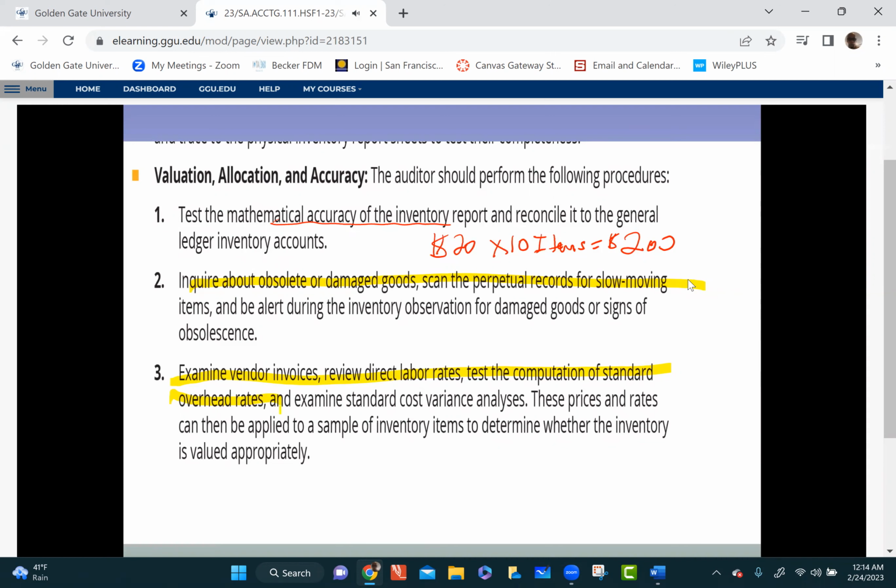Are they using standard rates, et cetera? This might be an area where it's very helpful to do some analytical procedures. To what extent are they having an unfavorable or favorable variance? Maybe there's some problem with their budgeting or accounting process, and you'd be able to find that there. So you would examine variances.